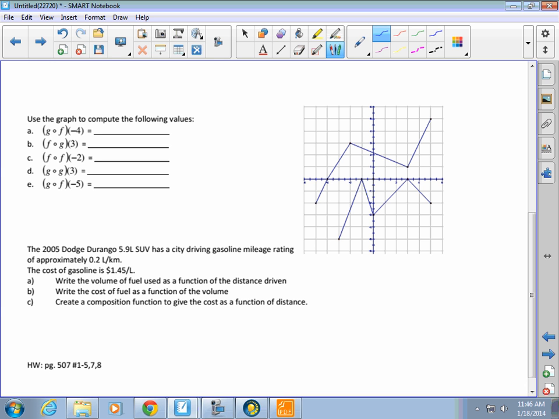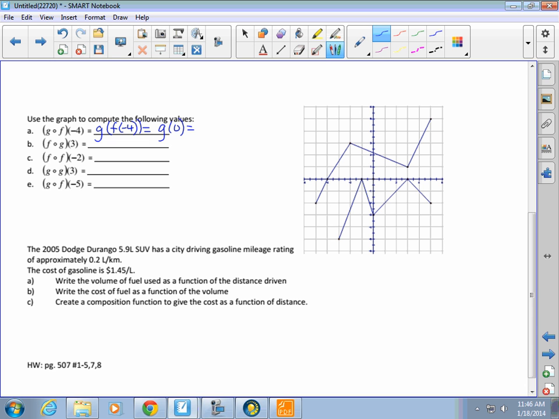If you remember, g composed with f of negative 4 means you're going to find the f of negative 4 and then substitute that into the g. So if my input is negative 4, what is my output? Negative 4 is over here, so f of negative 4 is equal to 0. That means I'm going to find the g of 0.